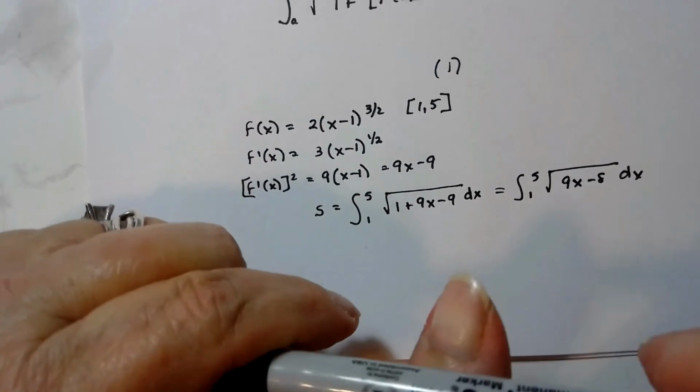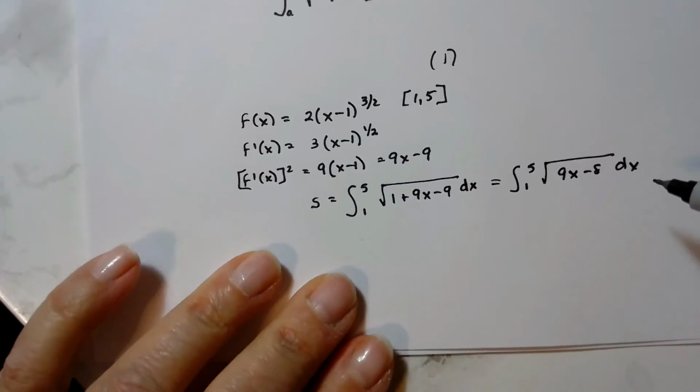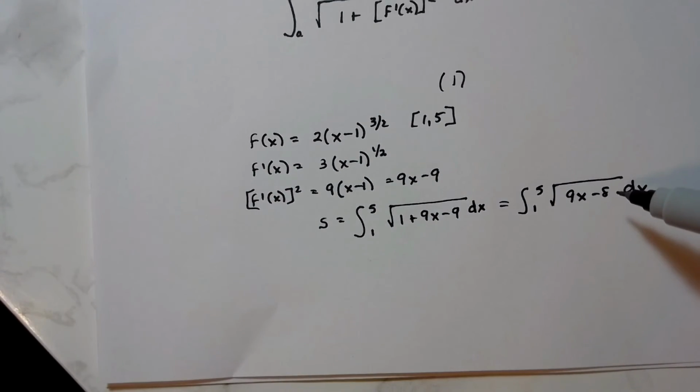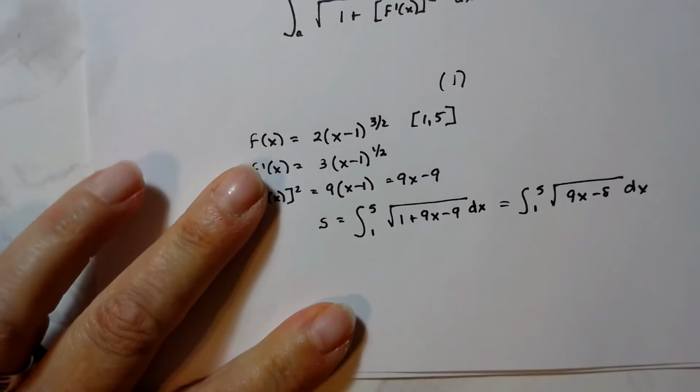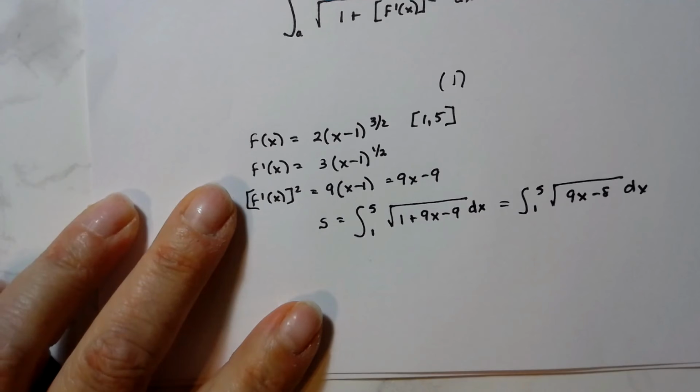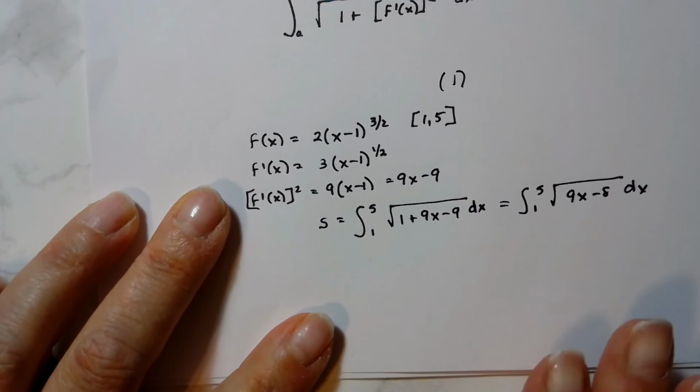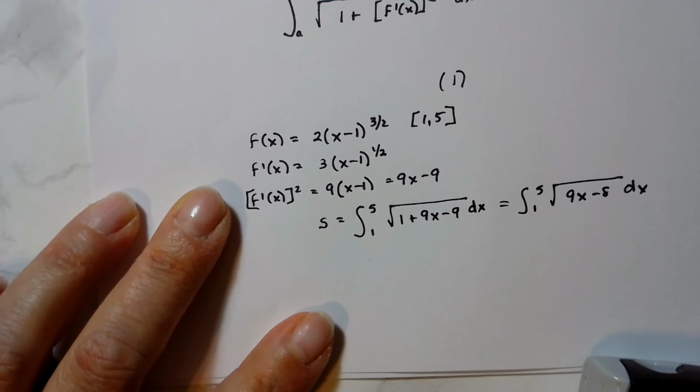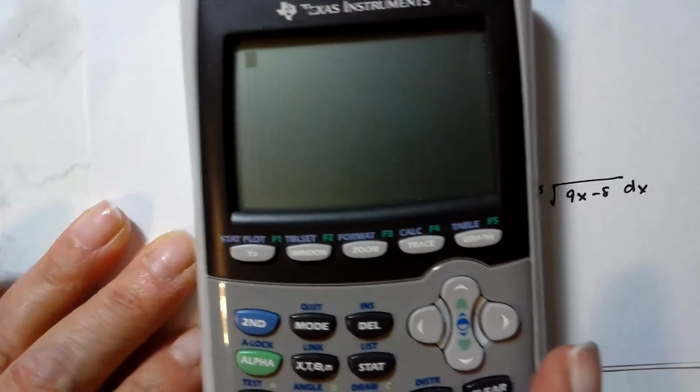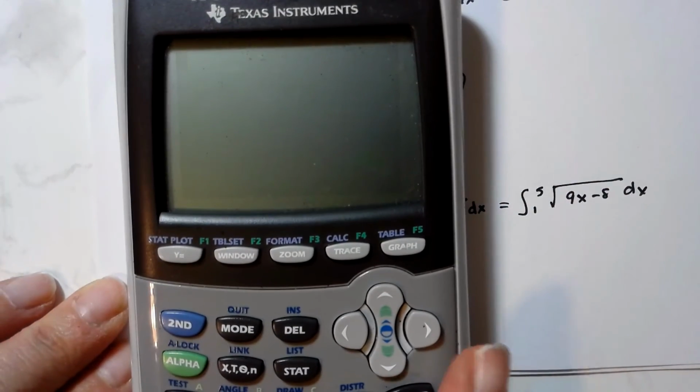Now, you could use a u substitution here. That wouldn't be that bad. But again, I'm thinking that they want you to use your calculator for these. So you could go ahead and pop this into your calculator just as you see it. I don't know if you'll be able to see here.